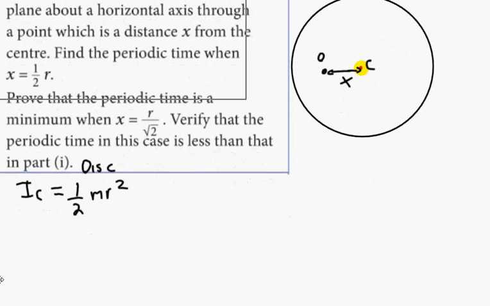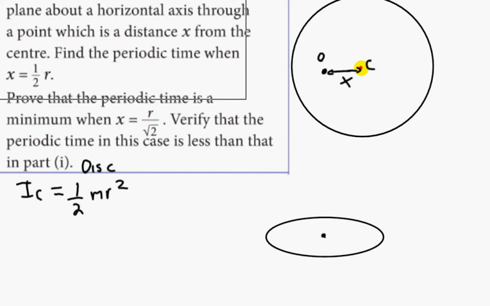Now, what about I_O? We're going to use the parallel axis theorem. It's going into the board. Remember, you're holding the circle by somewhere else, not the center, but somewhere else on the circle itself. We'll go 3D. We'll make it fancy.